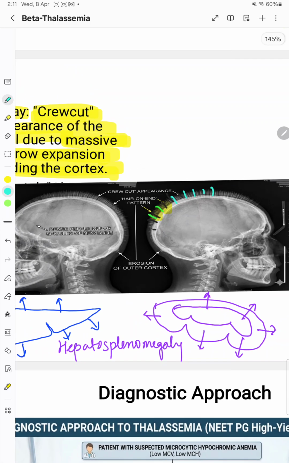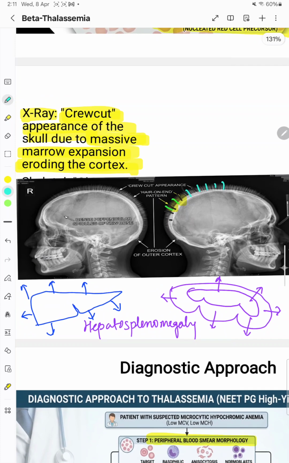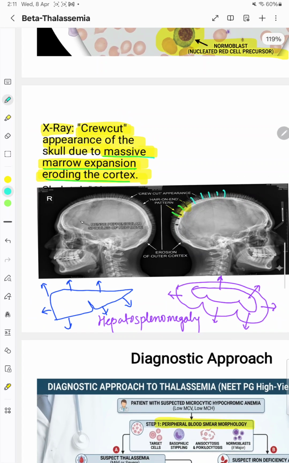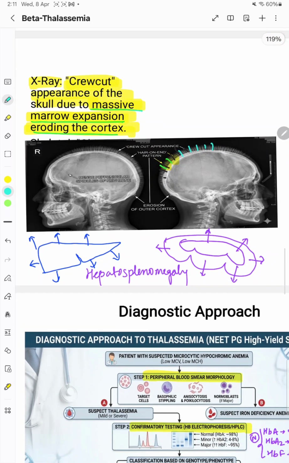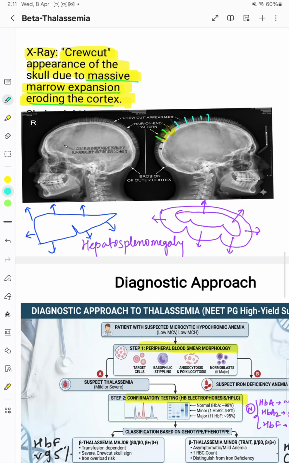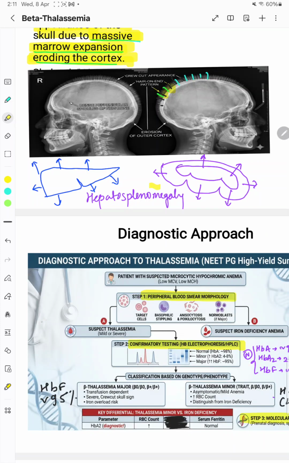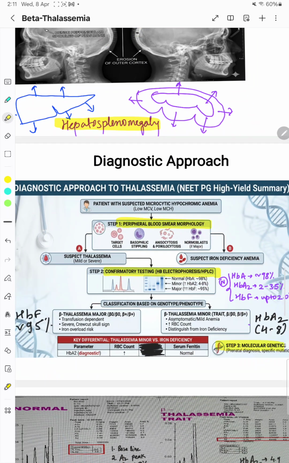This is known as crew-cut appearance on skull X-ray because of the massive marrow expansion that erodes the cortex. As the anemia promotes extramedullary erythropoiesis, this will result in hepatosplenomegaly.